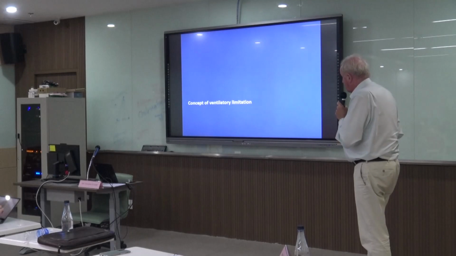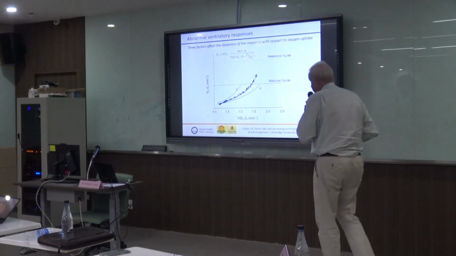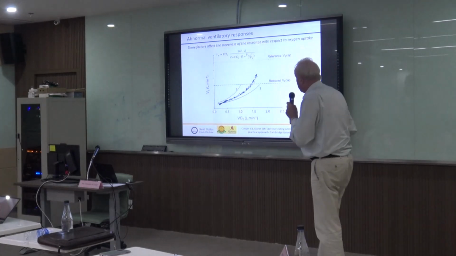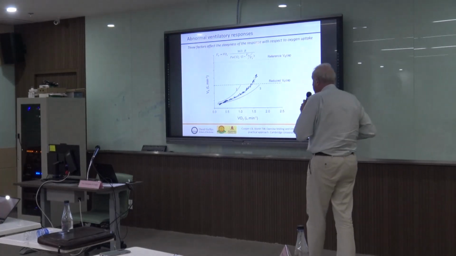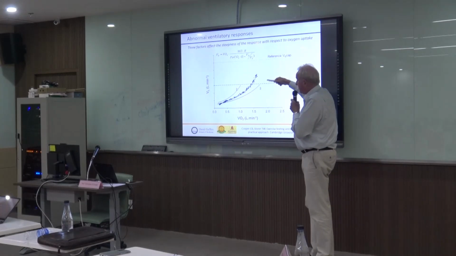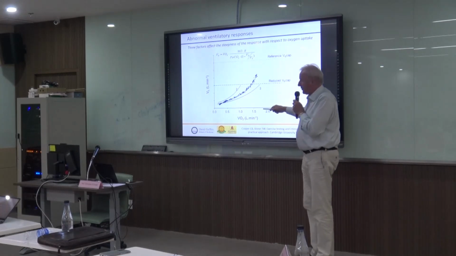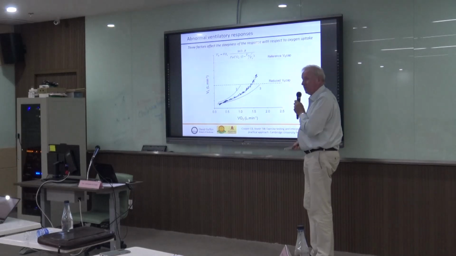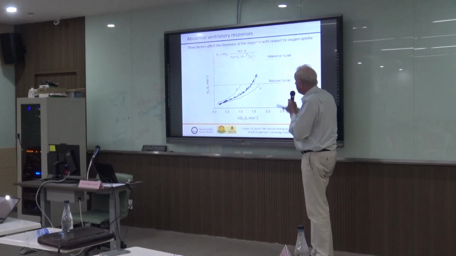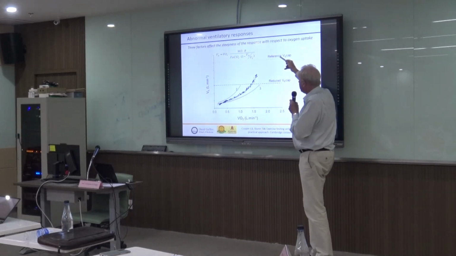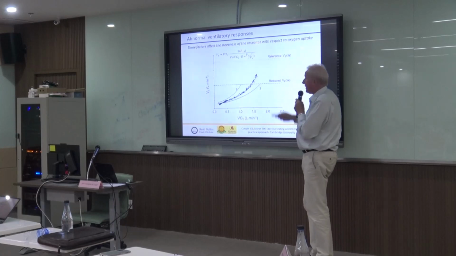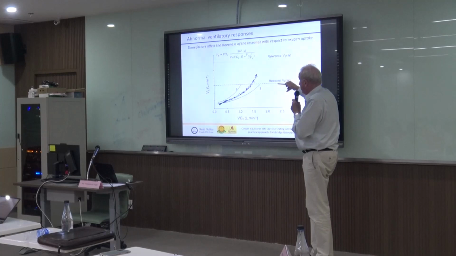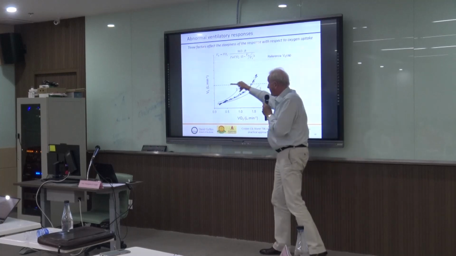Now, what happens with COPD? Well, let's think now about the concept of ventilatory limitation. We have the same relationship between ventilation and oxygen uptake, but whereas the ventilatory capacity in a normal subject might be 140, 160 liters per minute, in severe COPD it's going to be reduced.